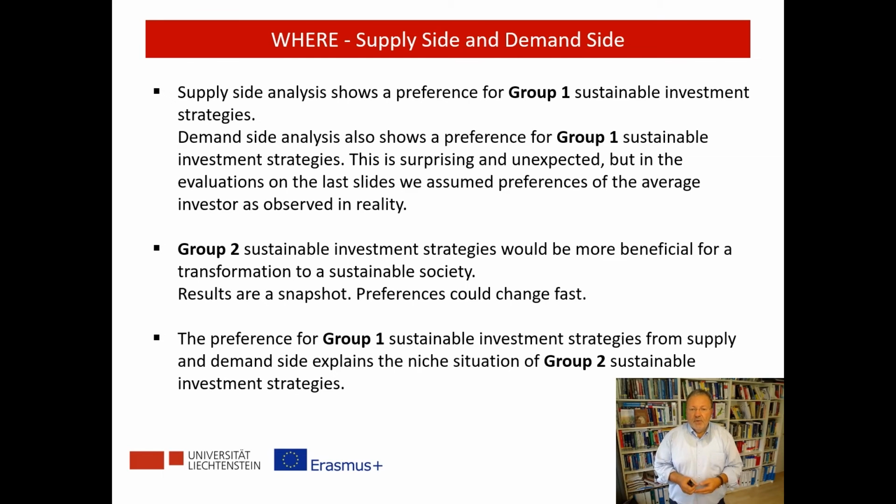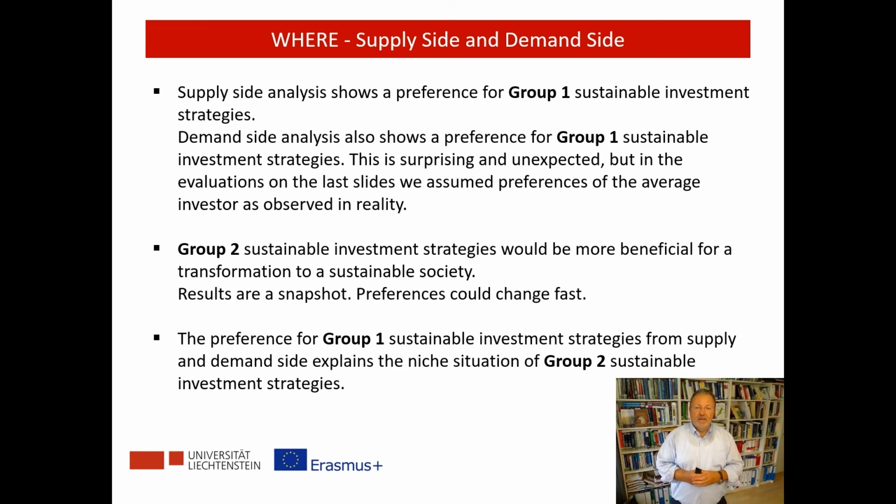The preference for Group 1 sustainable investment strategies from supply and demand side explains now the niche situation of the Group 2 sustainable investment strategies. So now, if we think what we have developed over the last slides, it's clear that impact investing is so weak.